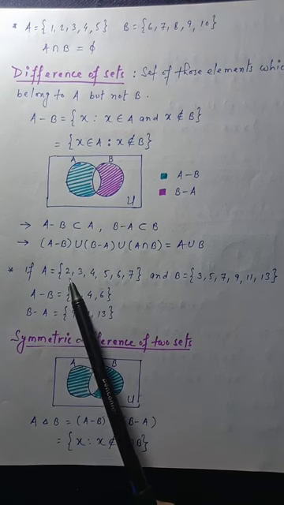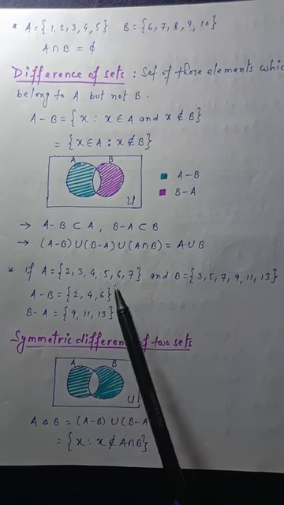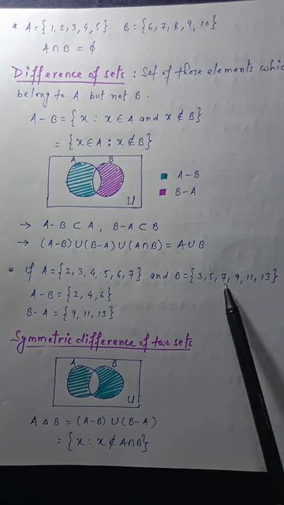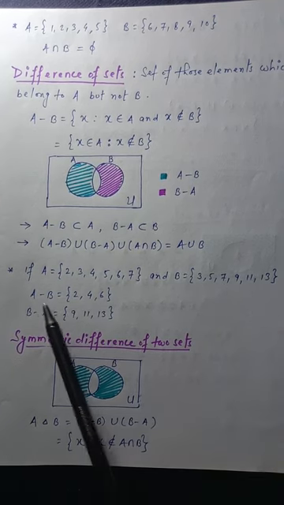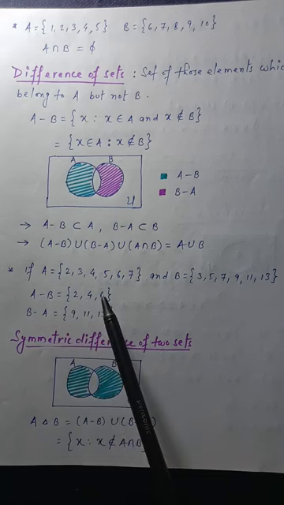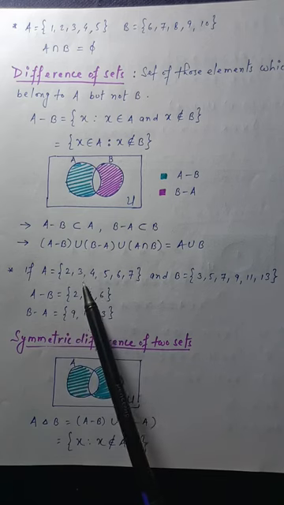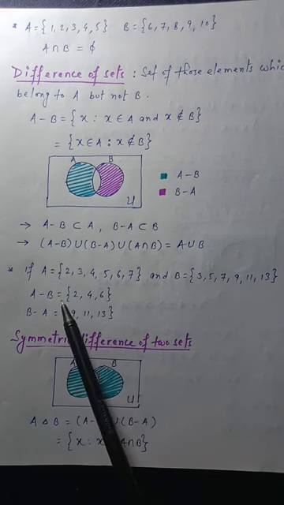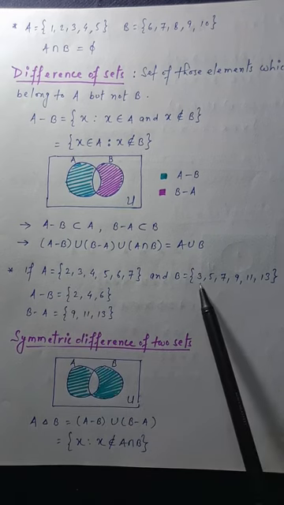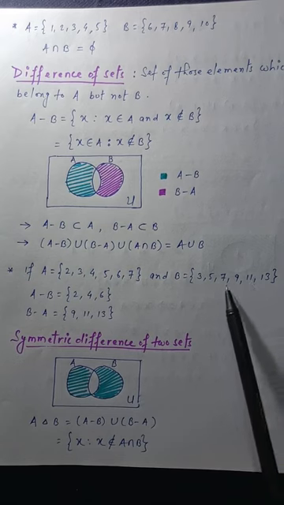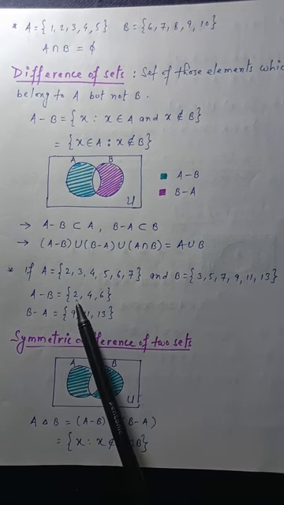Now when A is {2, 3, 4, 5, 6, 7} and B is {3, 5, 7, 9, 11, 13}, you can see A minus B. For A minus B, we will take those elements which are present in A but not in B. So check one by one. This 2 is present in A and not in B, so we will take this 2.